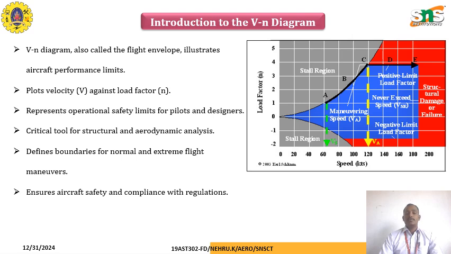In this graph, from zero speed to maximum speed and zero load factor to the maximum load factor, we have salient features: points A, B, C, D and E, with the positive load factor and the negative load factor, and the stall region, which we will discuss in this course.